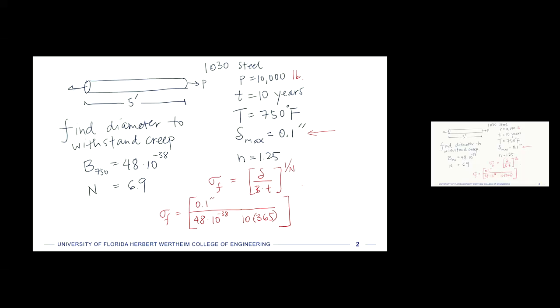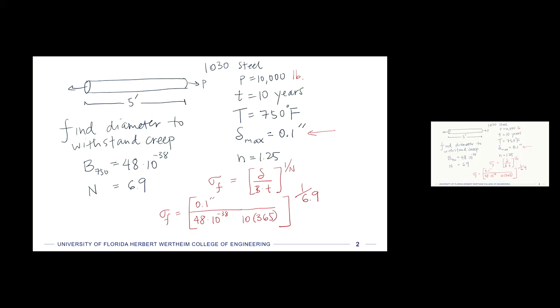The exponent, anyway, is 1 divided by 6.9. They put in a 5 times 12 here. Let me just look at this for a second. I don't know where that comes from. Oh, yeah. It's initially 5 feet long.